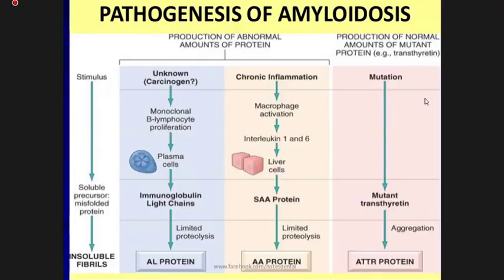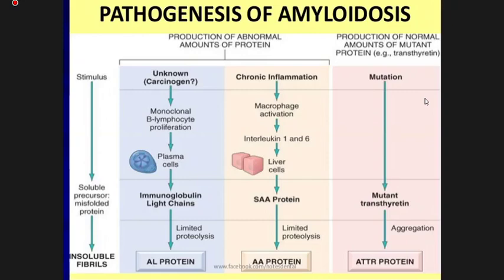All right, so next, pathogenesis. Remember, we said amyloid proteins originally are normal proteins in the body, which somehow get misfolded, become insoluble and get deposited into different tissues.